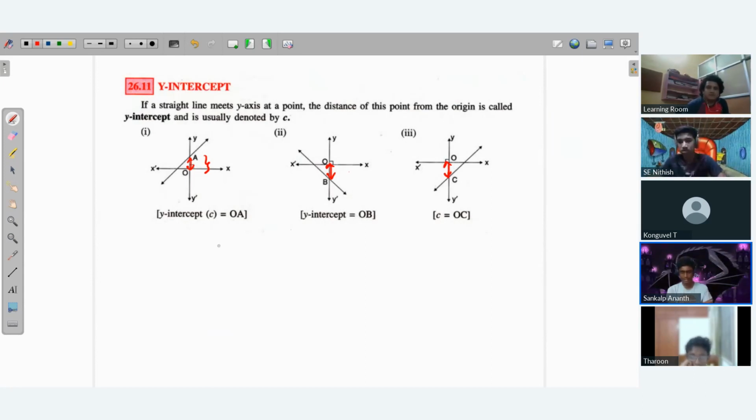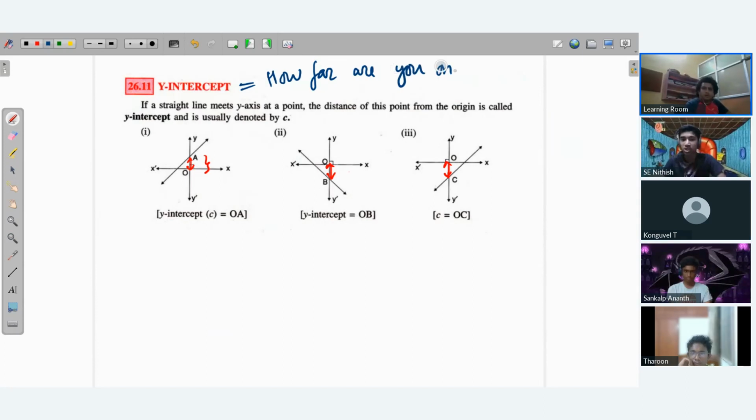When the line is parallel to the y-axis, the y-intercept is equal to 0. Basically, the y-intercept is nothing but how far are you on the y-axis from the origin.